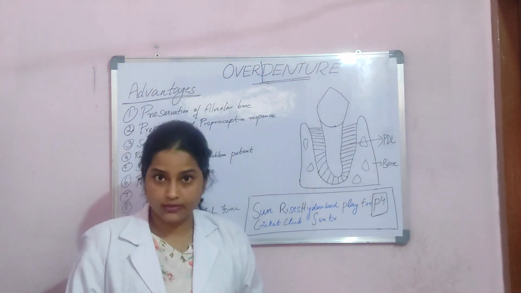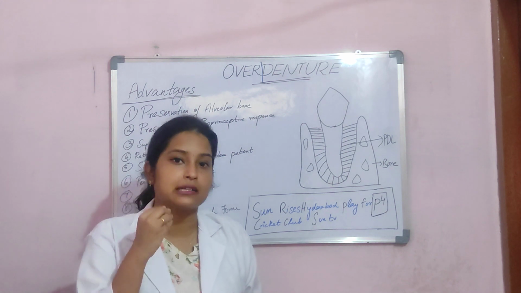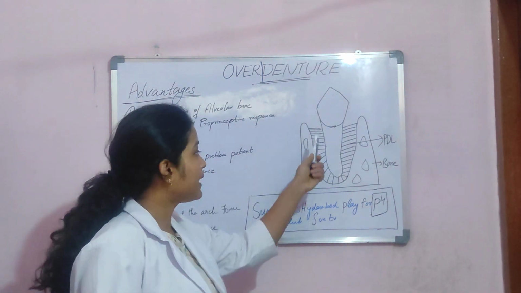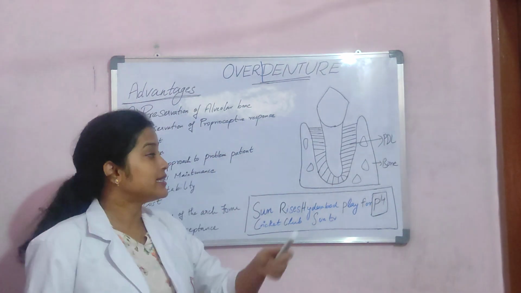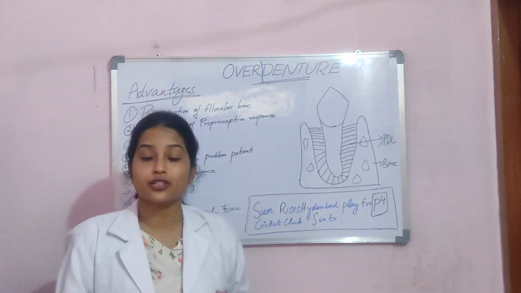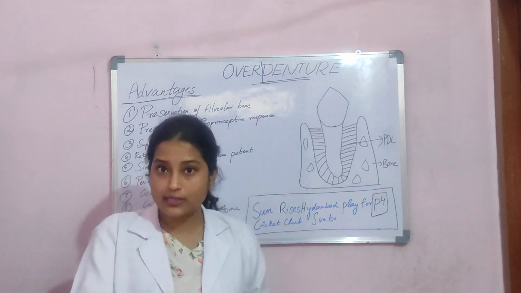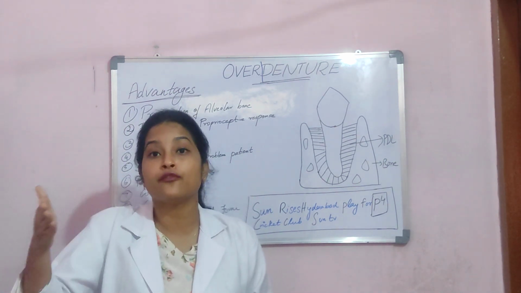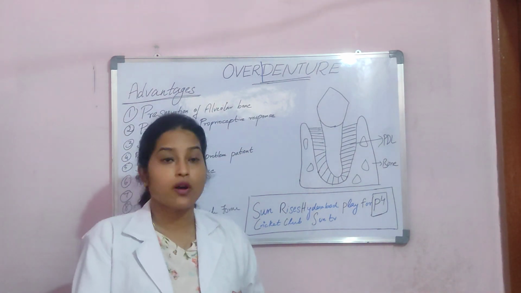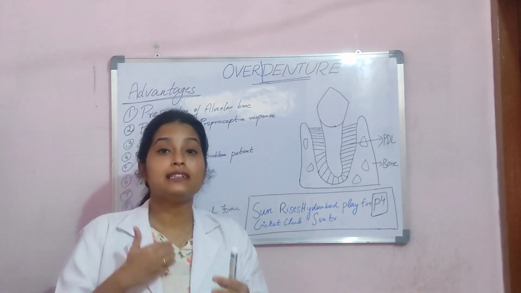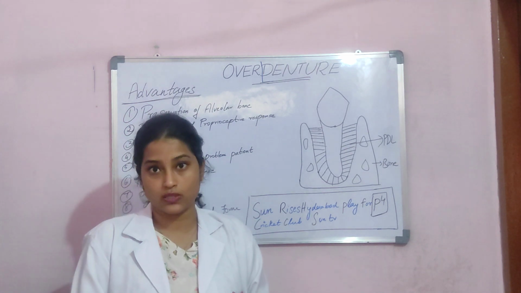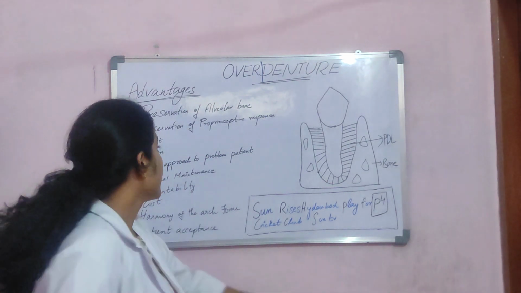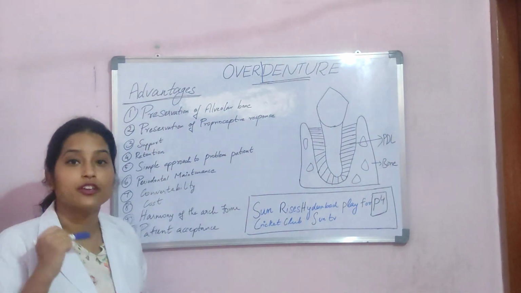When we eat something, if any food particle gets stuck between the teeth, we can sense it, and that sense is provided by proprioception. This helps the patient to be aware of their occlusal contact and also to discriminate the occlusal forces. So patients wearing overdenture have better discrimination of their occlusal forces, which is not present in conventional denture wearers. That is the second advantage of having an overdenture.